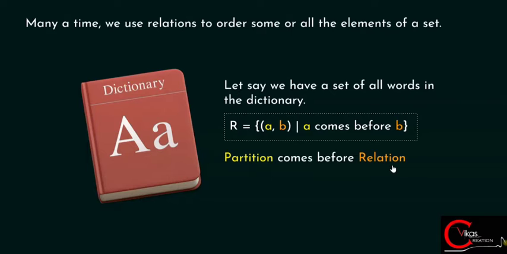So we can form an ordered pair of this form, that is (partition, relation). Here obviously partition comes before relation, that is why partition is placed before relation in this ordered pair. It is not the case that relation comes before partition, therefore we do not have an ordered pair (relation, partition). So this relation is helping us in ordering all the words in the dictionary.